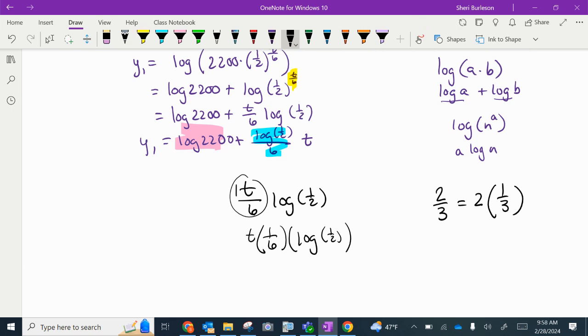So this is a number and this is a number. Can't I multiply those together? When I do, I get log of 1/2 over 6, and then I multiply that by the t.